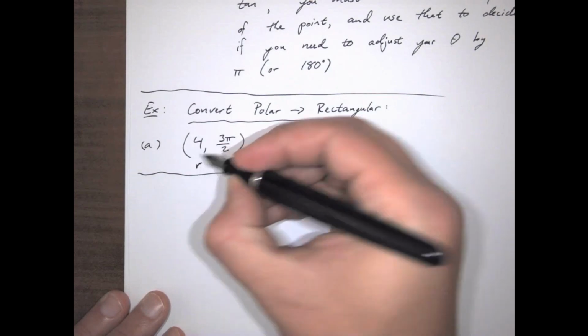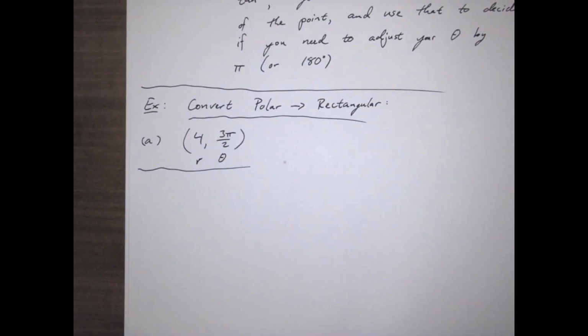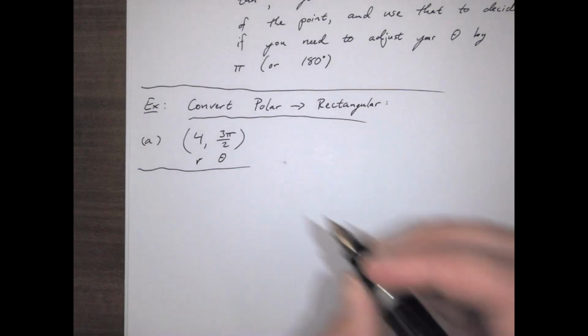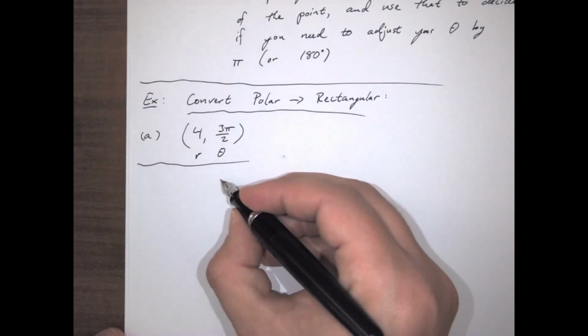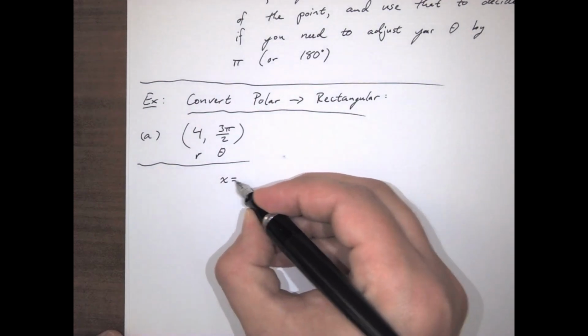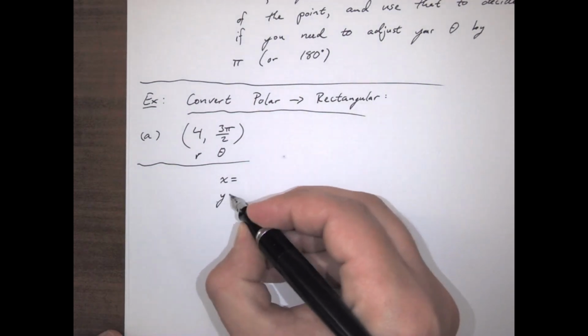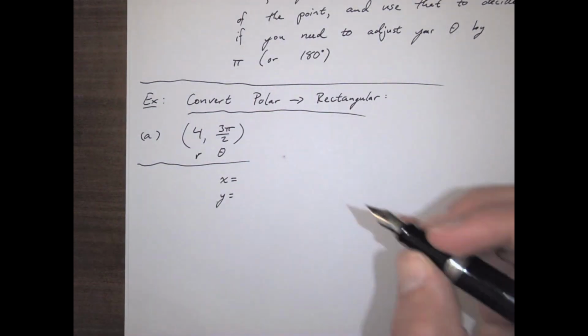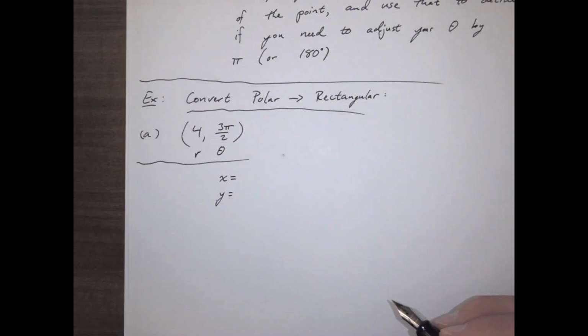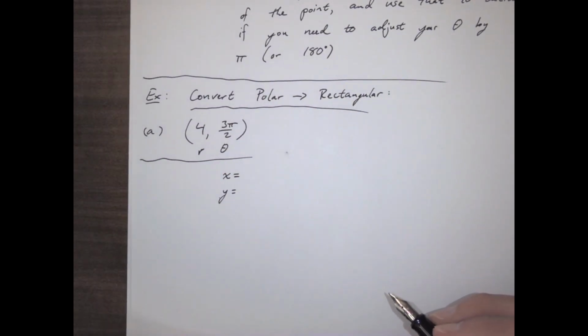So always make a note: are we in a situation where we are given the x and the y, or are we given the r and the theta? If, as here, we're given the r and the theta, then we just plug those into the corresponding formulas for the x and the y. These are both a slightly modified version of the classic definitions of cosine and sine.